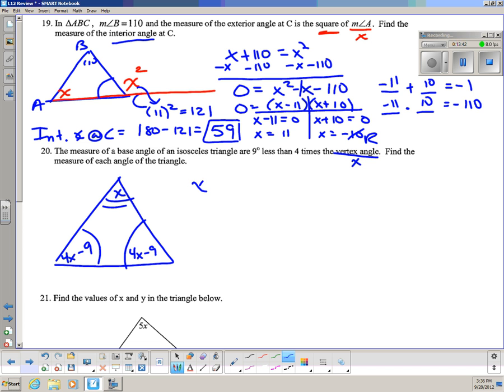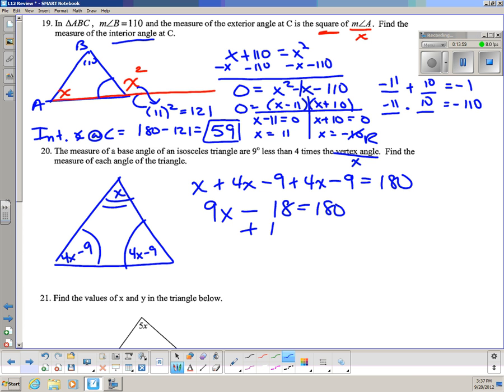So we can add up the 3 angles of the triangle and sum them to 180. Combining like terms, we would get 9x minus 18 equals 180. Add 18 over. So we get 9x is 198.